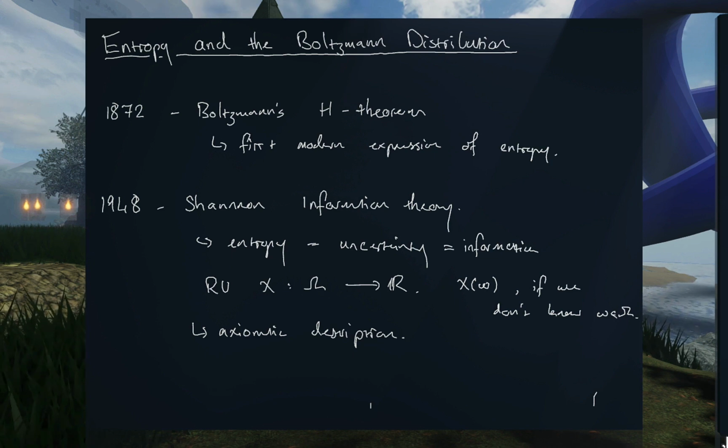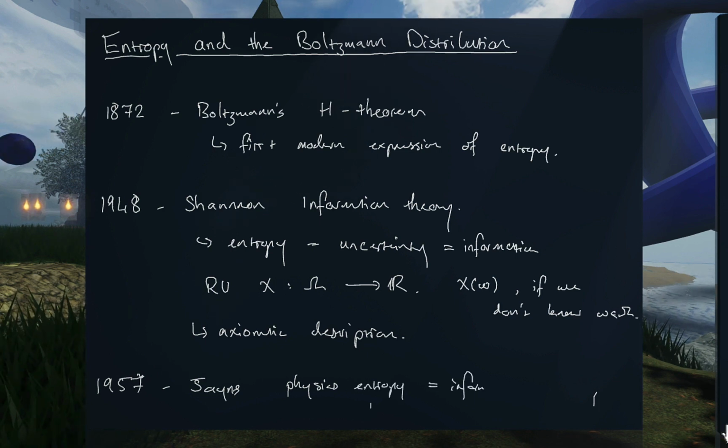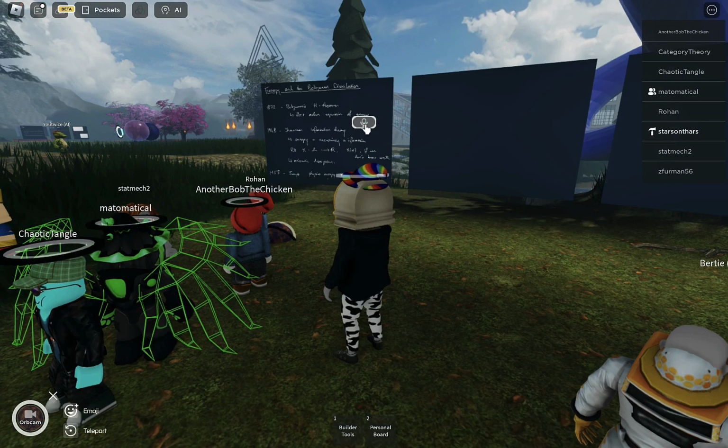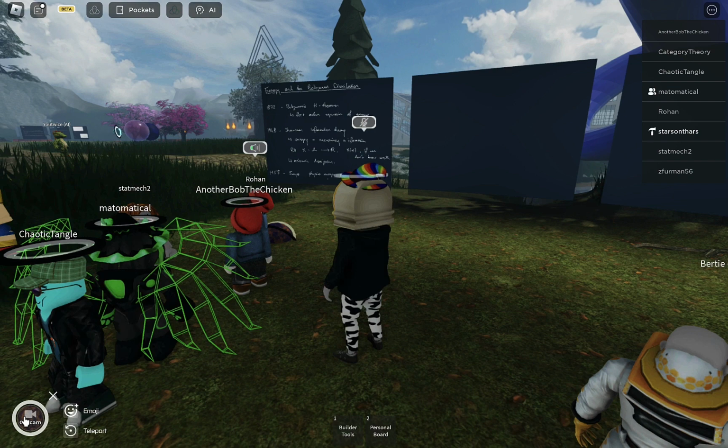And then, to bring it all together, in 1957, we had two papers by Jaynes, and this argued that physics entropy is the same as information entropy.